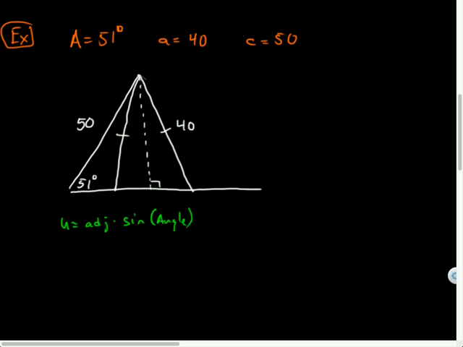That would be 50 times sine of 51 degrees. I punch in some numbers into the calculator and I get H equals 38.8573. Which, because the opposite is larger than that, there are in fact two cases.